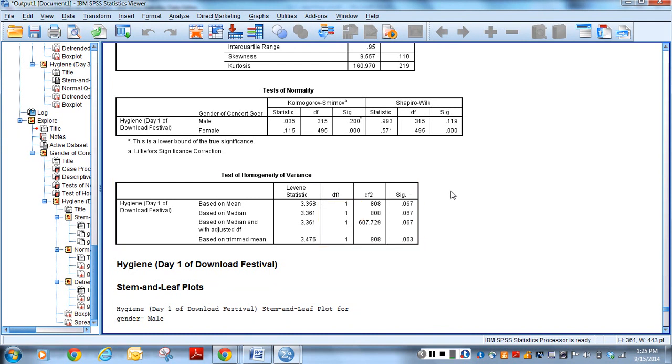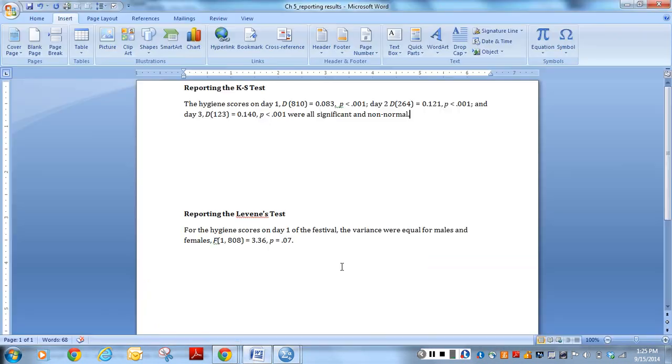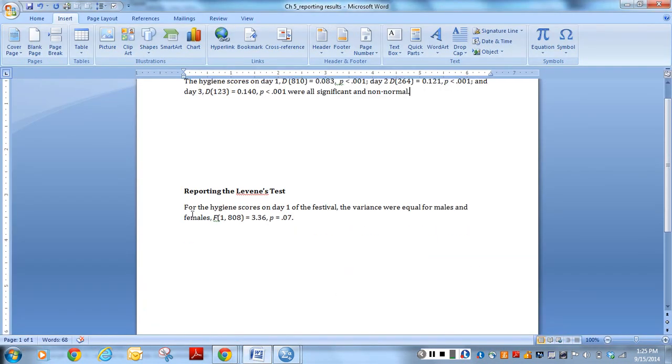But again, this is one of those assumptions that you would have to meet before you would complete the next step. So, how would we write our findings for this? To report the Levene's test: for the hygiene scores on day 1 of the festival, the variances were equal for males and females. F would be my Levene's test statistic.